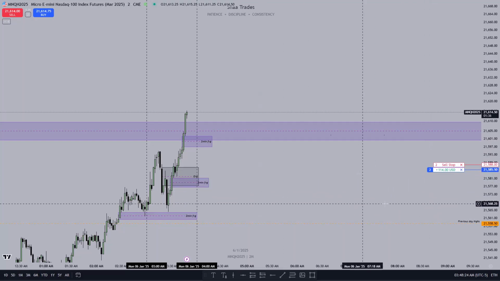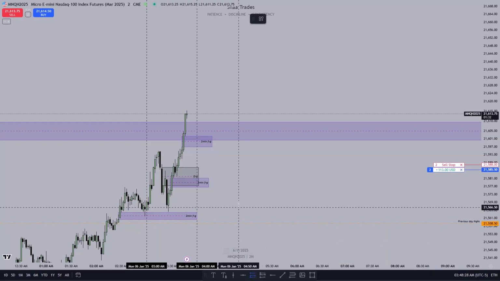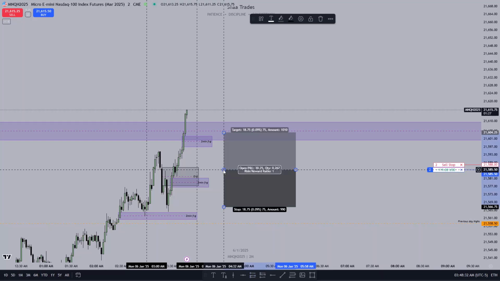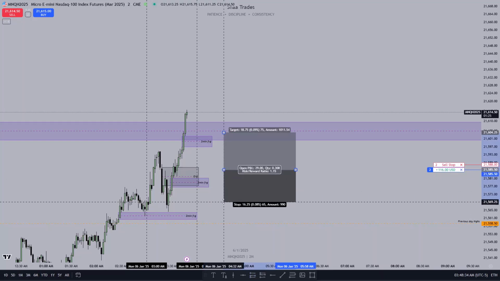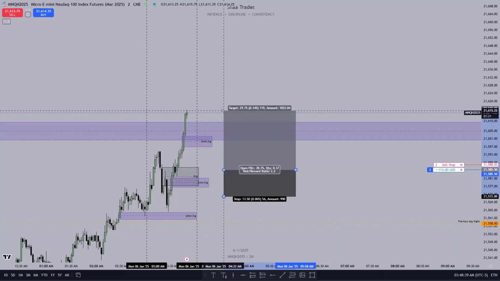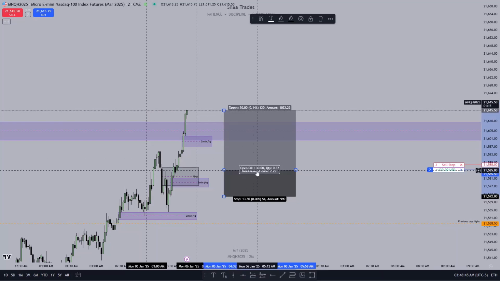I'm not going to get greedy, so let's see. Entered right here. Stop loss was below here, and now we're here. So 1 to 2. You know what?